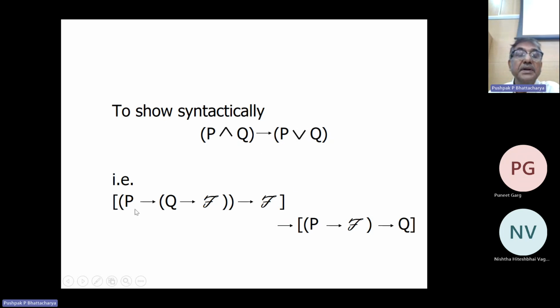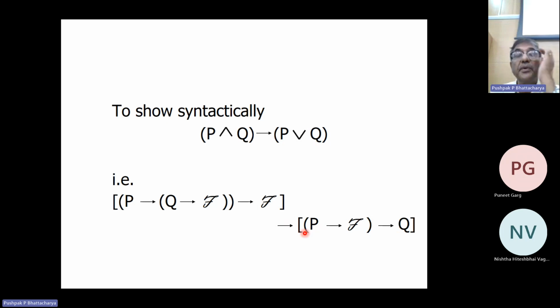P and Q is written as P implies (Q implies F) implies F. This is by definition of AND, where AND is a shorthand. And P or Q is written as (P implies F) implies Q.